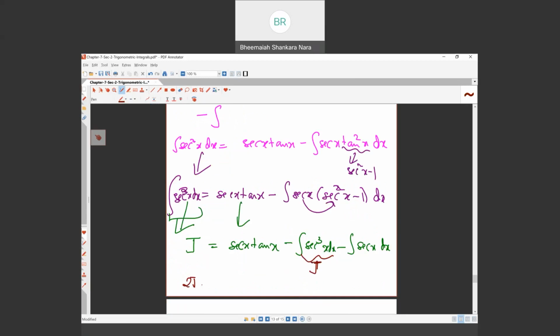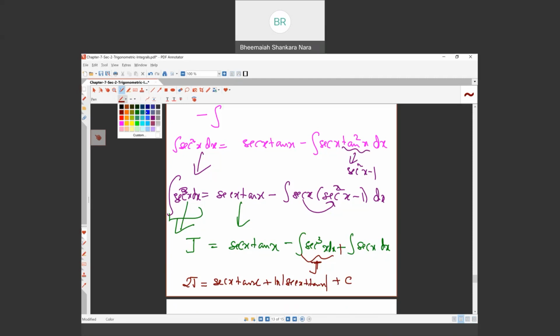Separate the integral j. 2j will be secant x tan x. Integration of secant will be, this is negative times negative, this positive term. Integral of secant will be natural log secant plus tan, which was the exact previous problem where we derived the formula, plus c. J is the given integral we want to evaluate.